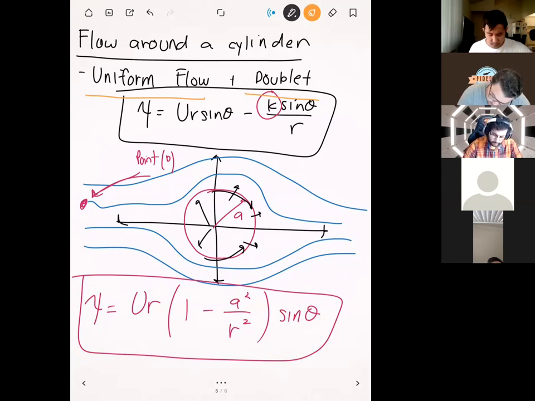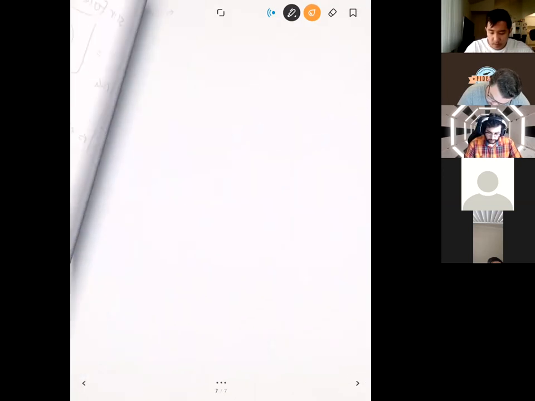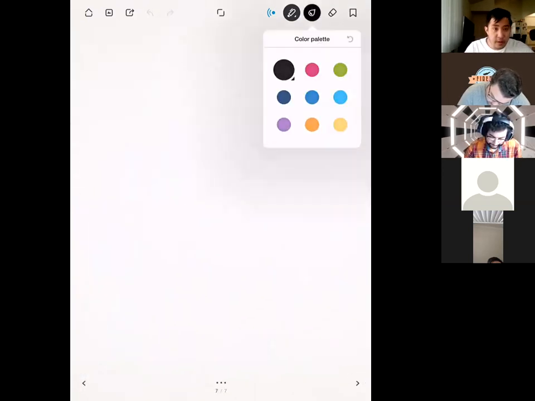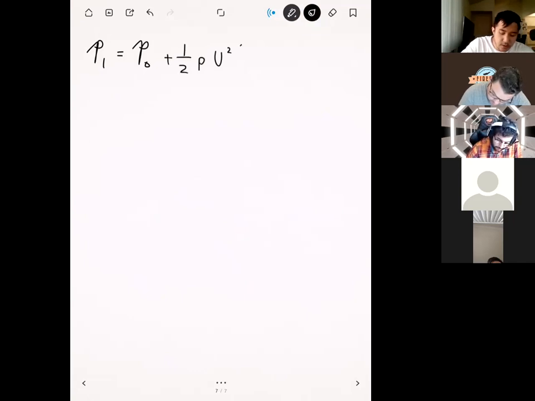Any other questions on just how we got here so far? Okay. If we plug in everything, we can solve for P1. There's going to be a little bit of math here, but I'll leave that to you guys. We get P1 is equal to P naught plus 1/2 rho big U squared times (1 minus 4 sine squared theta).